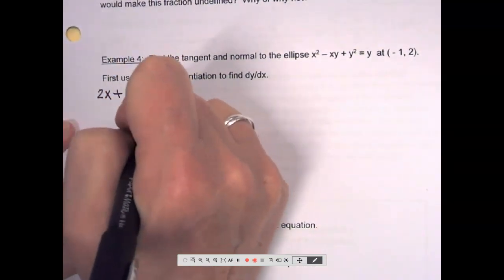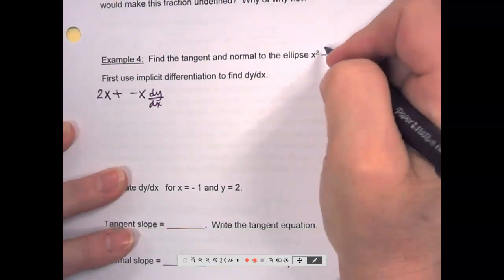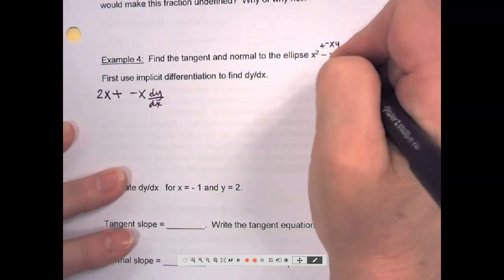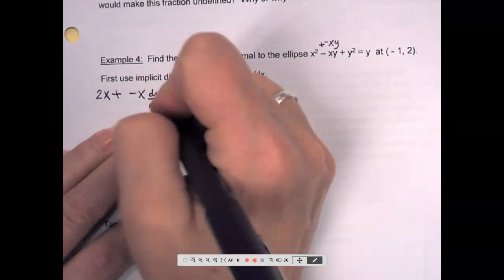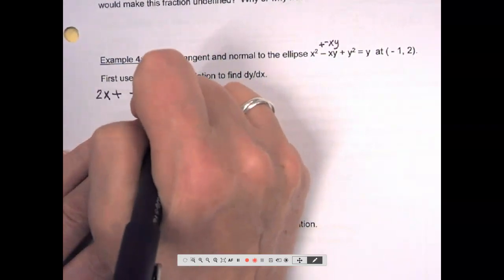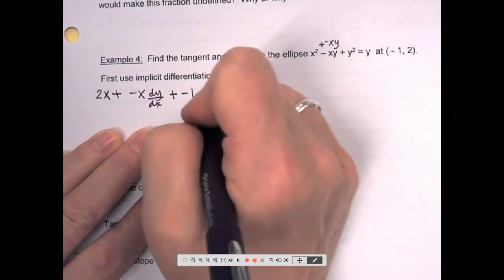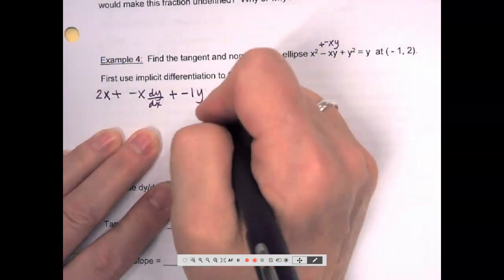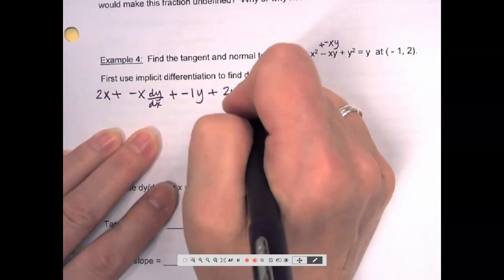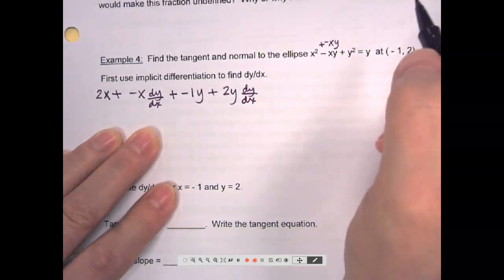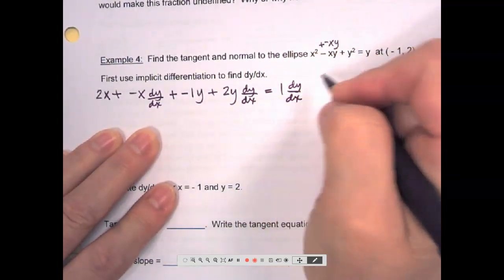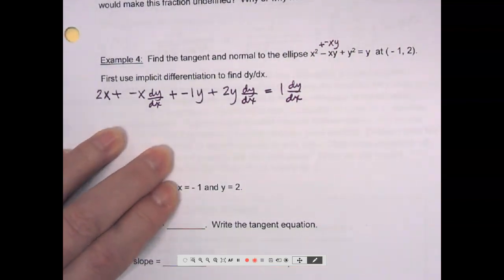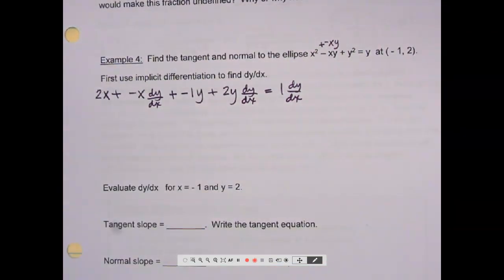Just one of them is negative, so plus -xy. Maybe after your first step, check up here before you go any further.